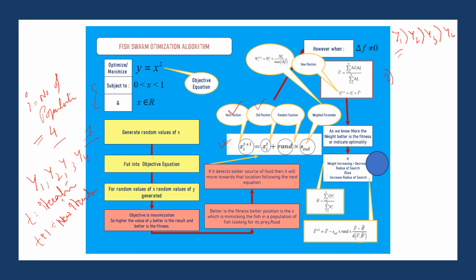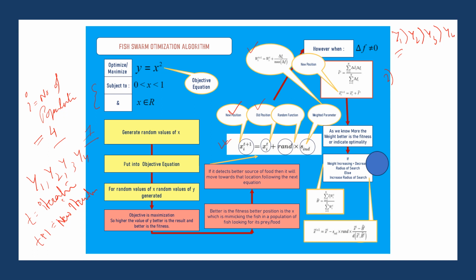And RAND is the inbuilt random function for generating random values in between 0 to 1, and of course they will be fractions. And it is multiplied by this weight parameter, which is again given by this equation. So what is the equation? This is also W at population I, t plus 1.